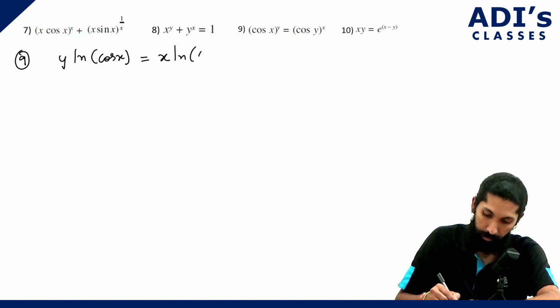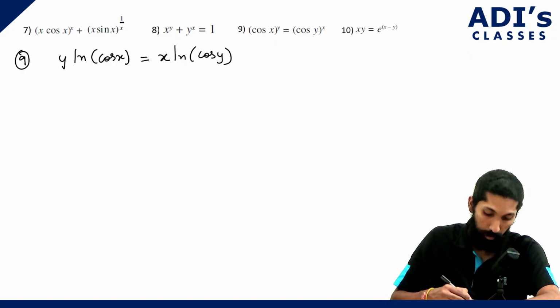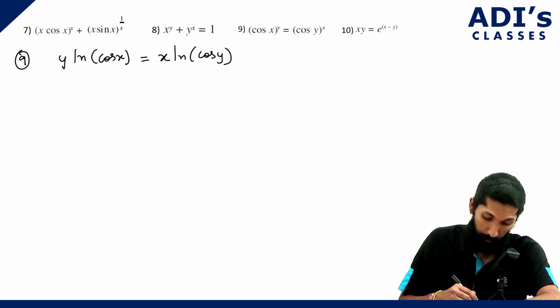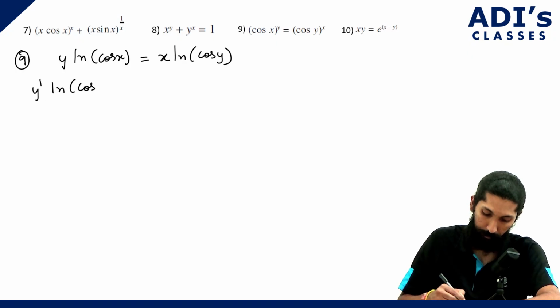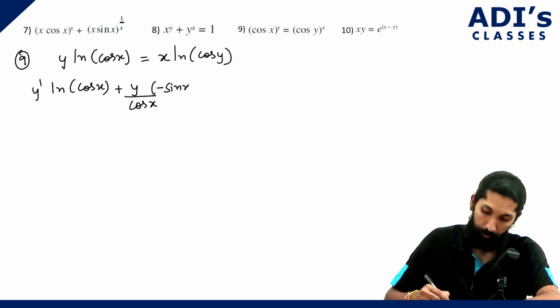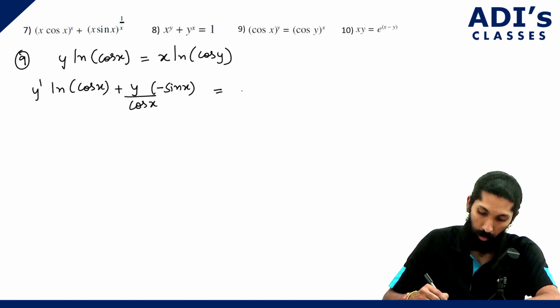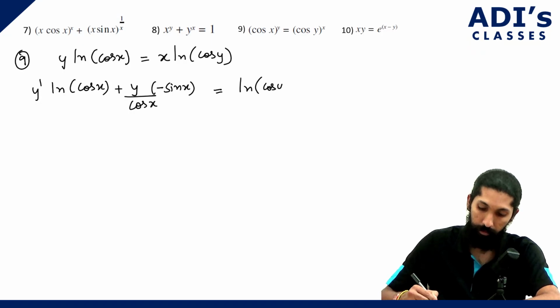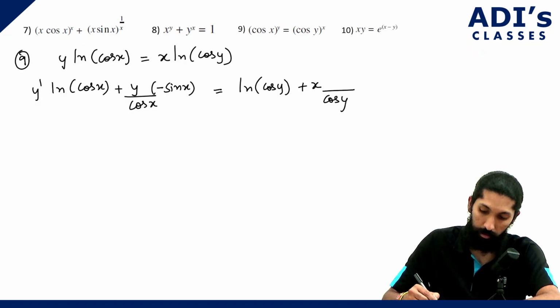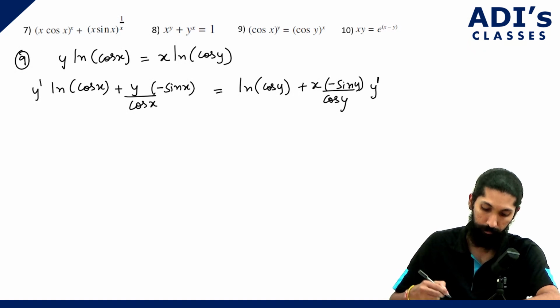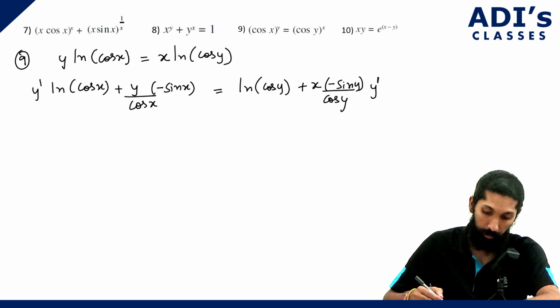Now differentiate: y dash into log of cos x plus y divided by cos x into minus sin x is equal to log of cos y plus x into 1 by cos y into minus sin y into y dash. Correct? Into y dash. So now let's simplify before we take the y dash as common.